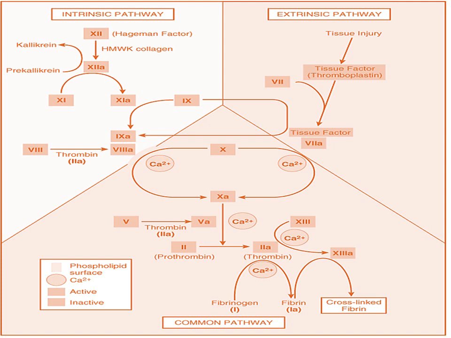Now, if we look at the intrinsic pathway, it begins with the formation of the primary complex on the collagen by high molecular weight kininogen and prekallikrein. It also includes kallikrein and factor 12. This factor 12 is also called Hageman factor. High molecular weight kininogen is denoted as HMWK. Initially in the intrinsic pathway, the prekallikrein is converted into kallikrein, and this kallikrein results in the activation of factor 12.